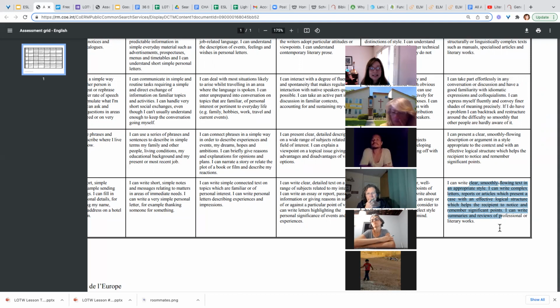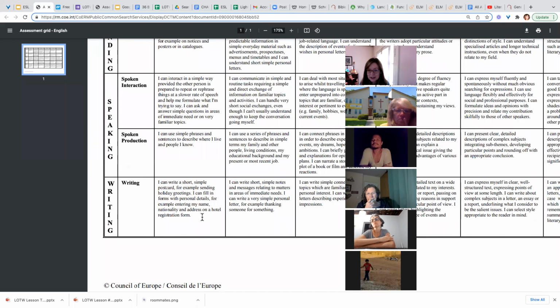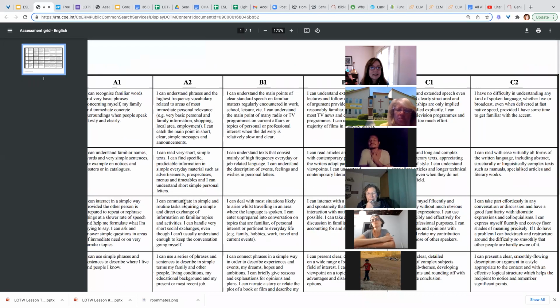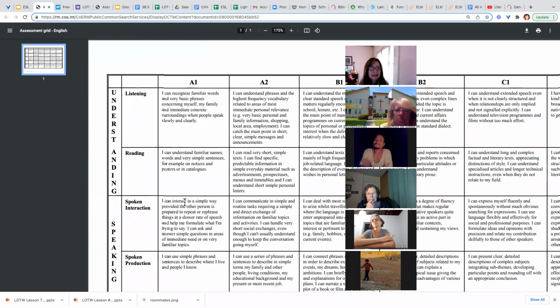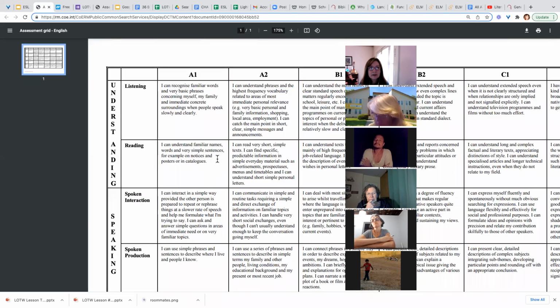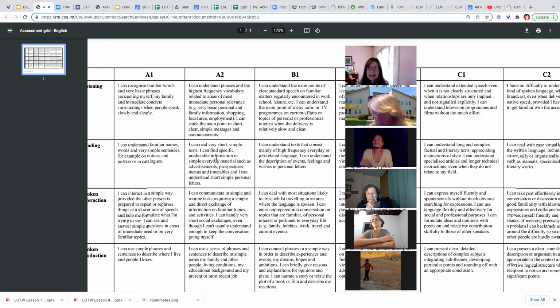And so there you can see there's a pretty wide range between being able to fill out a registration form to being able to write literary reviews. And so for all of these things, listening, speaking, writing, it's going to vary from level to level. Does that make sense?